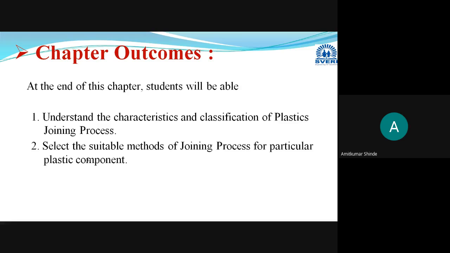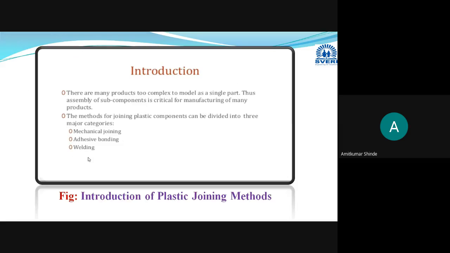If you understood all the types of welding processes, and I provide you two plastic parts with their composition, then you can decide the best method for joining those parts. So this will be the outcome of this chapter.